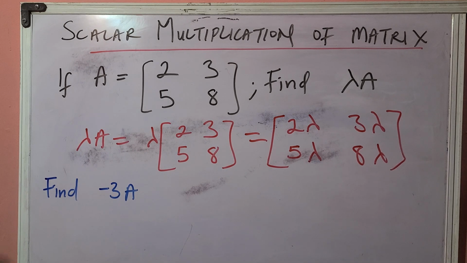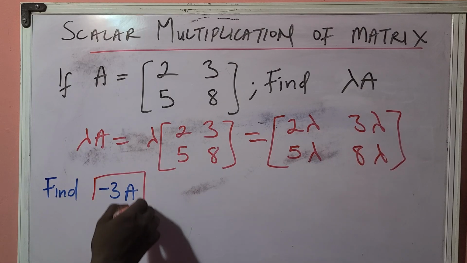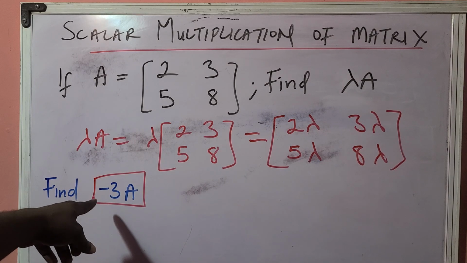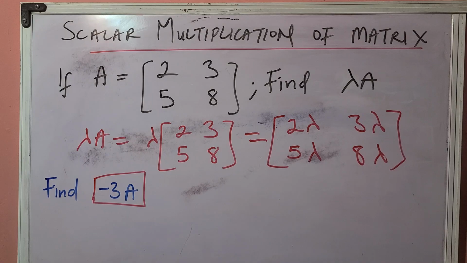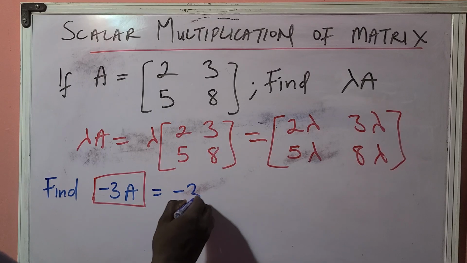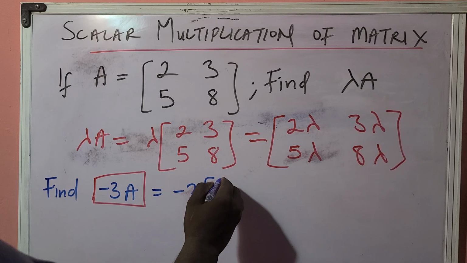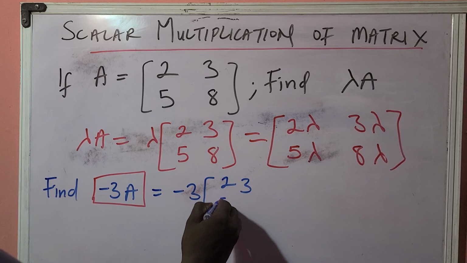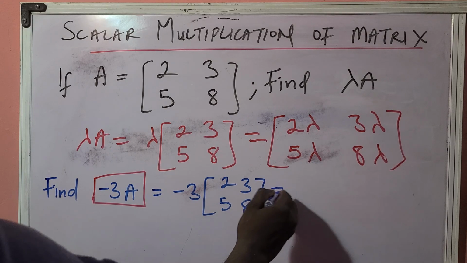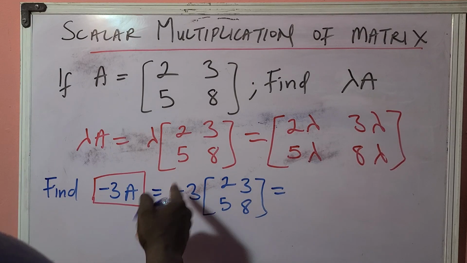So given the same matrix A, we want to try and find minus 3A. In this case now, the value for our scalar is given as minus 3. So all you have to do is to go on and multiply the scalar minus 3 with the matrix A. And you go on to multiply each element with that minus 3.